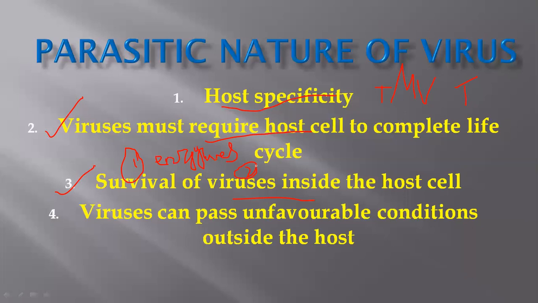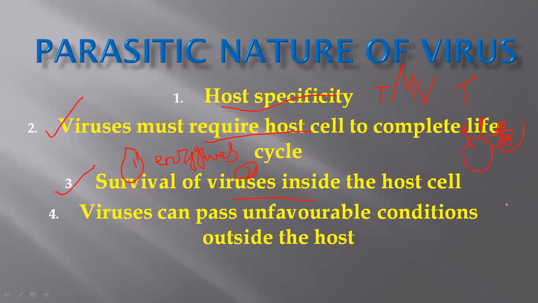It uses its complement receptors, as we have seen that viruses have spikes on them. These are the specific receptors which help them bind to the T lymphocytes. These are called complement receptors, which are used to bind to T lymphocytes, compatible with the receptors present on T lymphocytes.